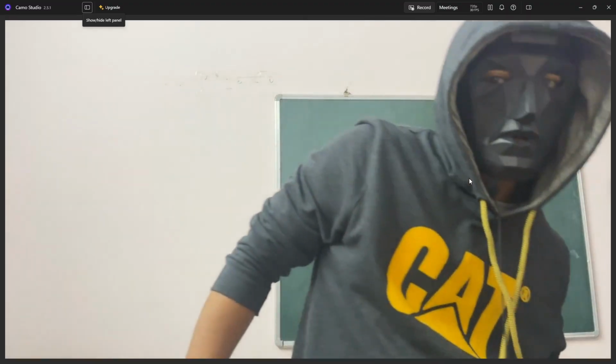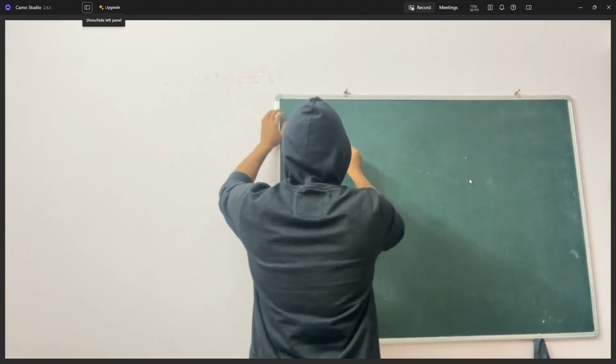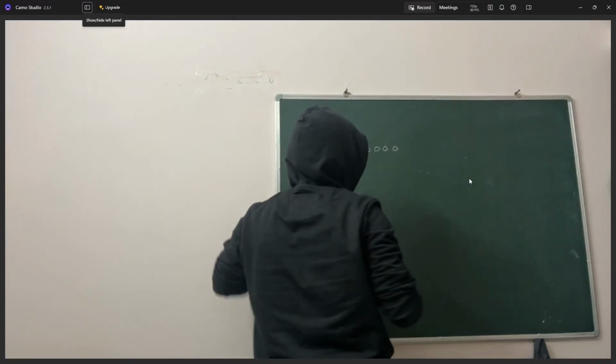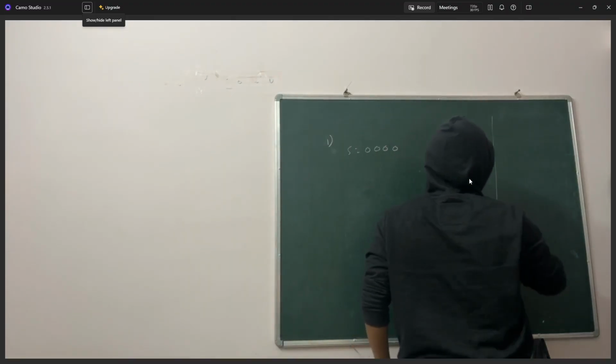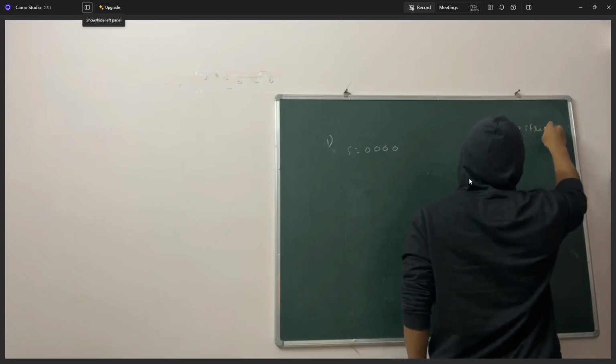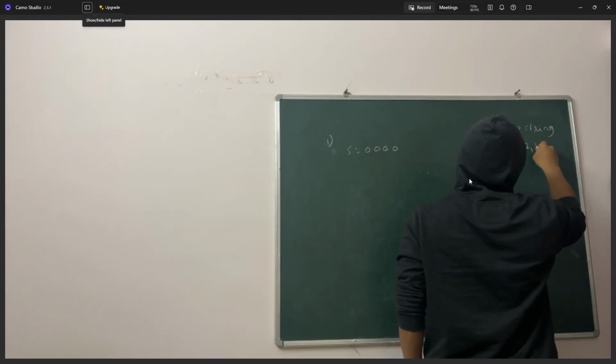So we have multiple test cases. In the first test case, the string is 0000. What they're saying is they have given a string s, which is made up of characters 0, 2, 5, 6.